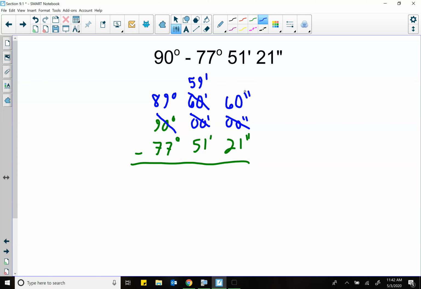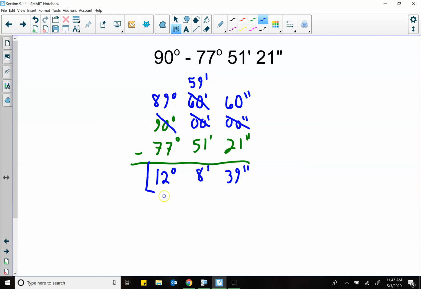So all you got to do is just subtract down. 60 minus 21 gives you 39 seconds. 59 minus 51 gives us 8 minutes. And 89 minus 77 gives us 12 degrees. And there's your answer.